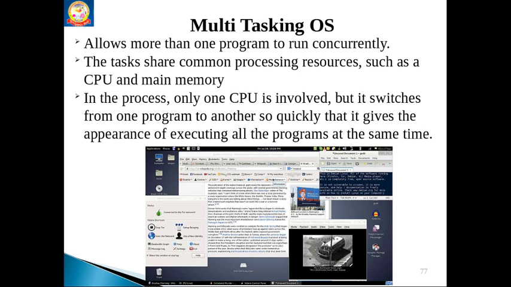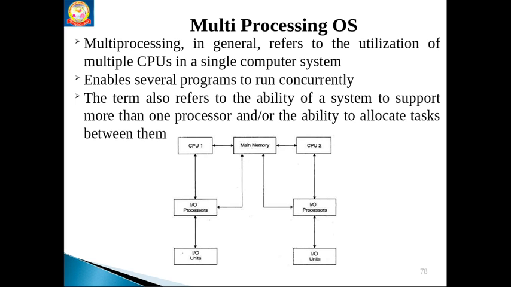At one time we are executing one program, and while executing, if we want to read some data from the hard disk, at that time the CPU sits idle, so the CPU switches to another task to perform some calculations. In that way the CPU switches from one task to another task. That's why it is called multitasking.